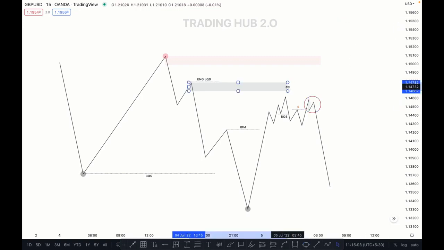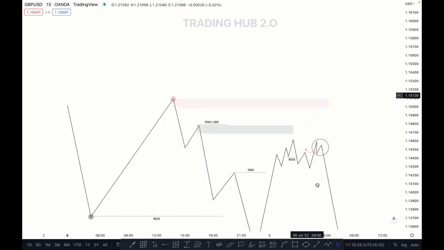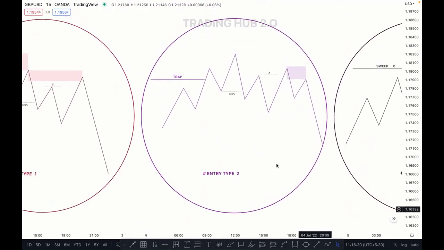But in this case the market did not mitigate our supply zone, correct. The market breaks the structure, takes out the minor inducement, and then we look for a sell, and we can continue to stack the position. So this is our first scenario when we can sell, and this is called entry type 2 as I mentioned here.